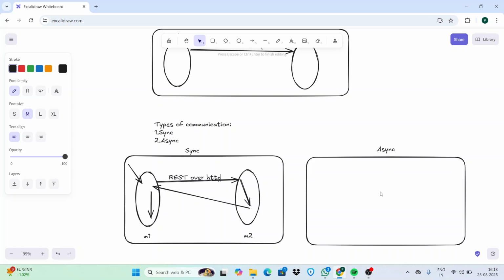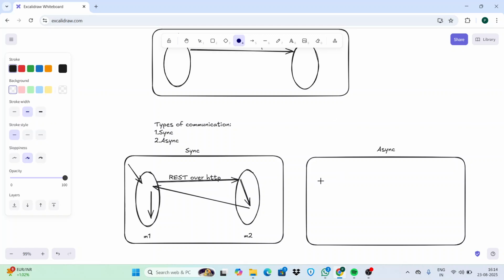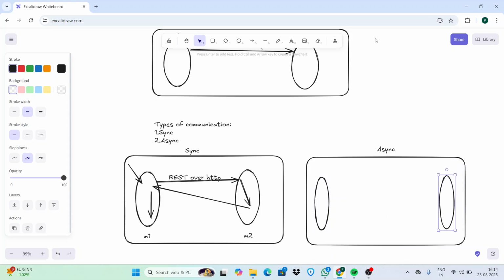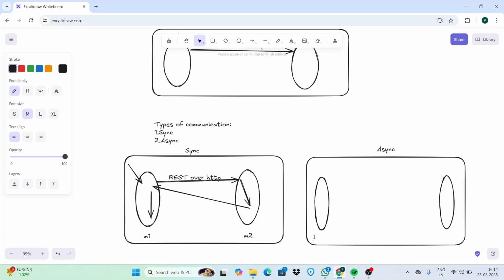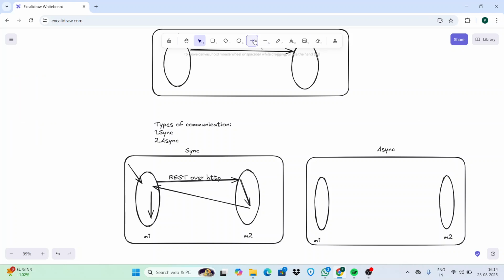And what is asynchronous communication? So this is M1 and consider this is M2. So M1 wants to communicate with the M2.